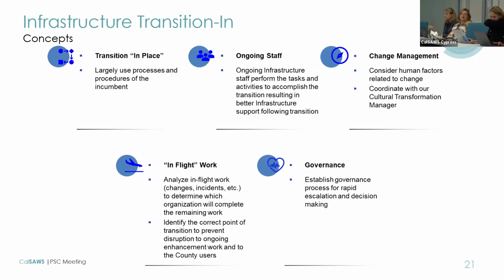But I did want to give you an understanding of the general concepts of how we're going to do this transition as we coordinate with Accenture to take on the infrastructure functions. So one of our first and probably most important general concepts or guardrails is that first one listed there, which is transition in place. What that means is we intend to more or less slide into the chairs that Accenture are occupying today and use their existing processes in the beginning to make sure that we maintain the system in the same way.